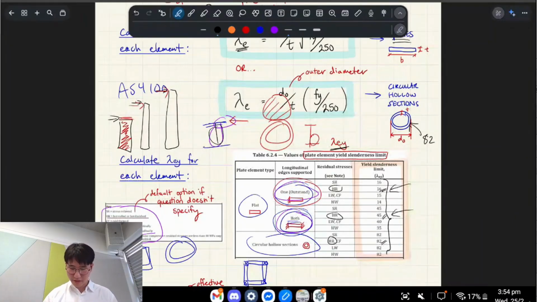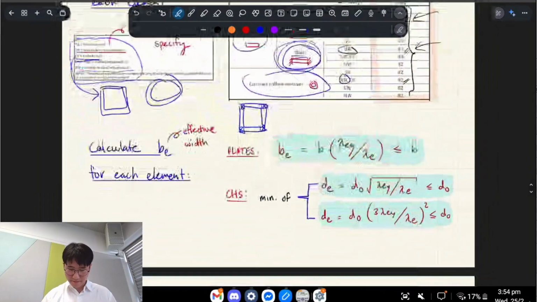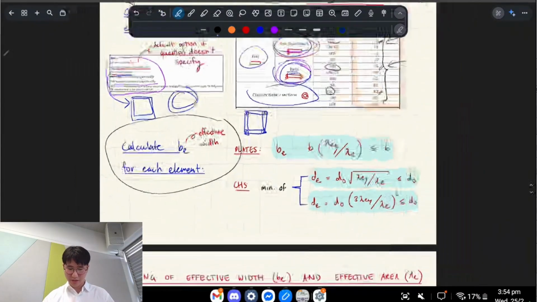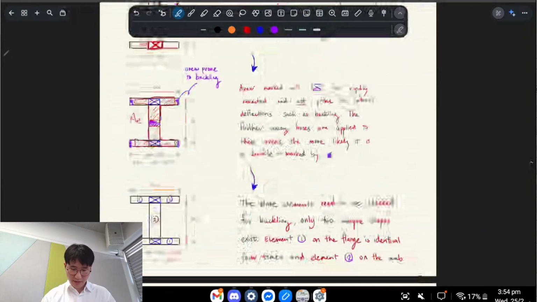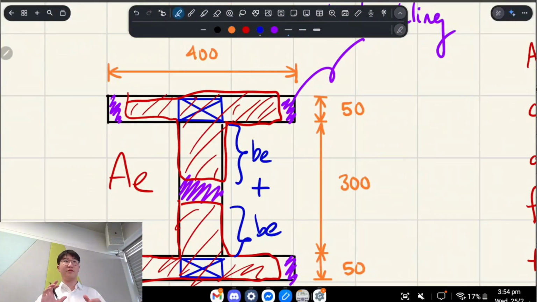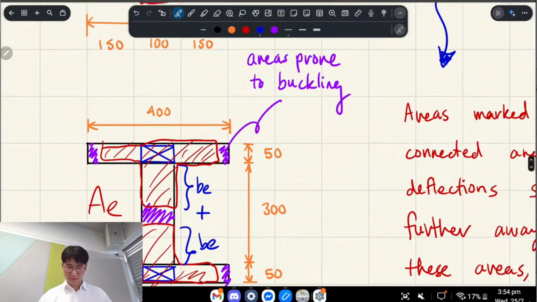Okay, so moving on. We also have to calculate the effective width of each section. The effective width is basically these two combined, it's the width of the portion that hasn't buckled. And for this element, it's this one.